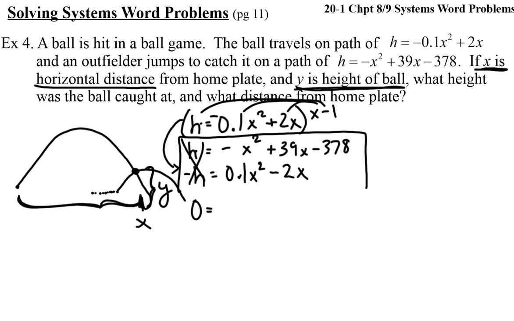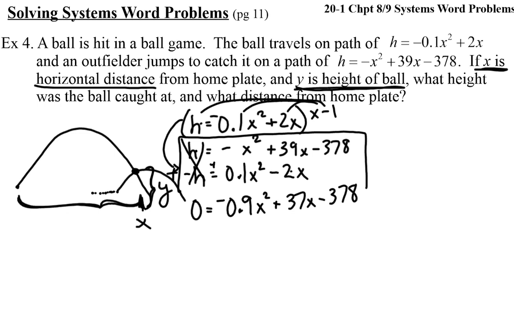I have a negative x squared equal to 0, or plus, sorry, because I'm adding all of these, 0.1x squared. That's going to give us a negative 0.9x squared, and from there 39 and -2 is plus 37x minus 378. So there's what I have for my quadratic.